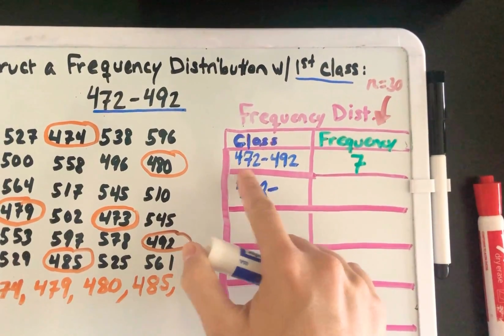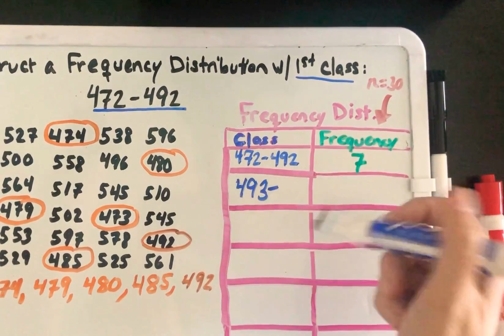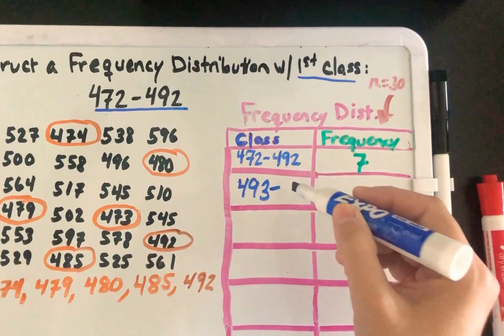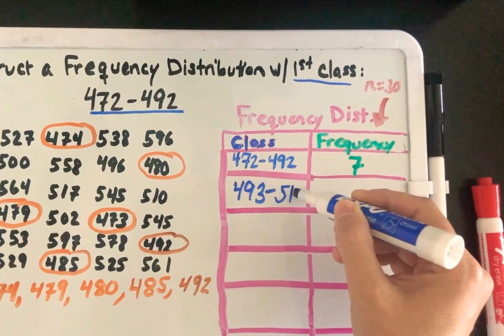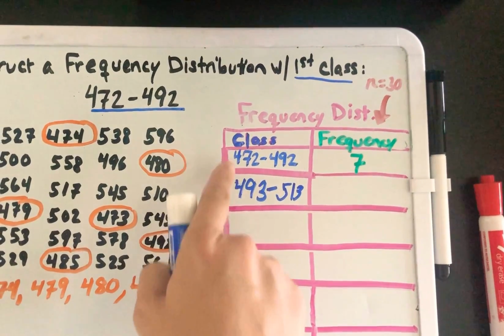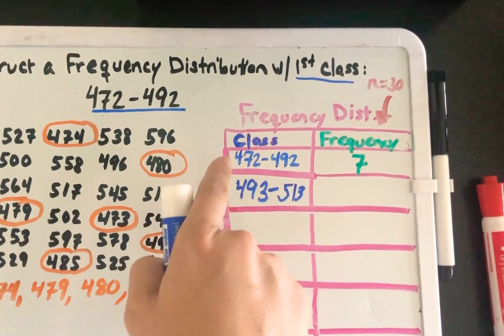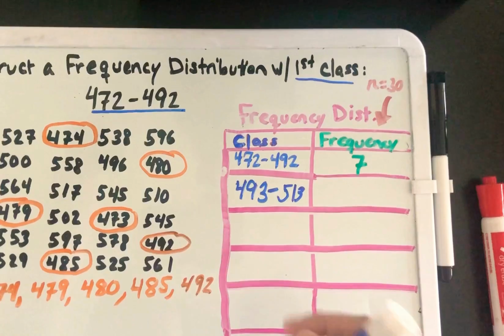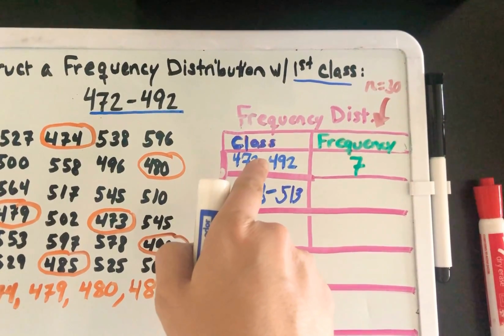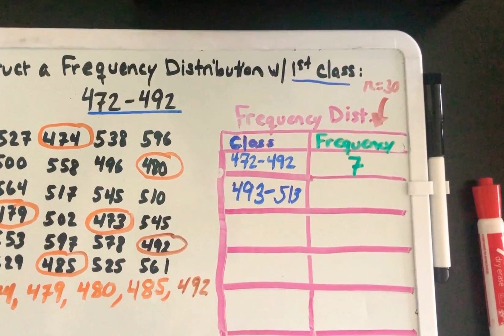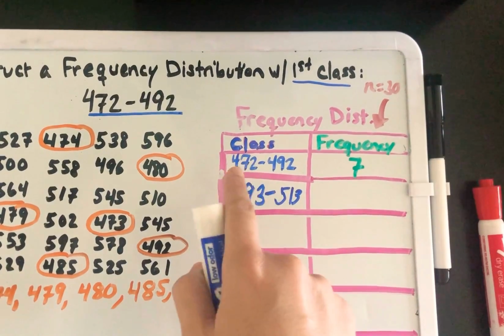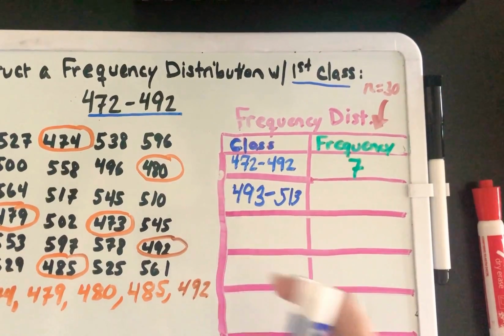And notice how if I added 20, I got to this number here, 513. Notice also that if I subtract consecutive lower class limits, 493 minus 472 gives me my class width of 21, and 514 minus 493 gives me 21 again. So there's 21 numbers included in each class.